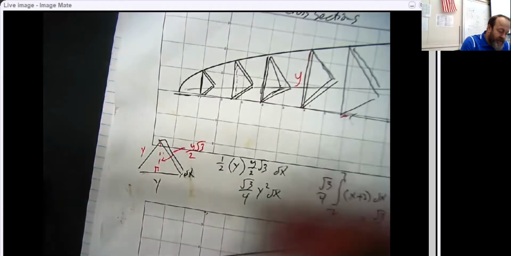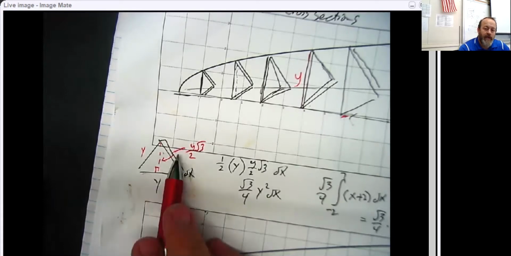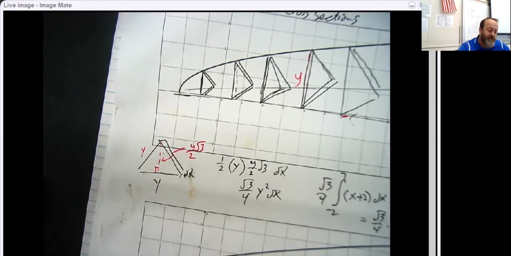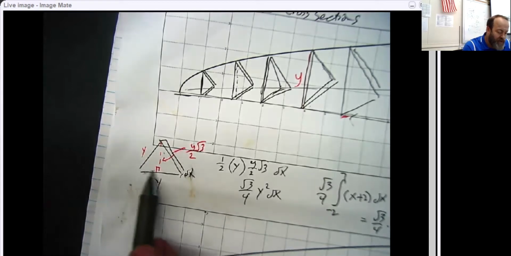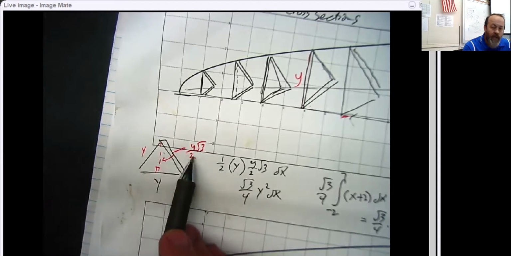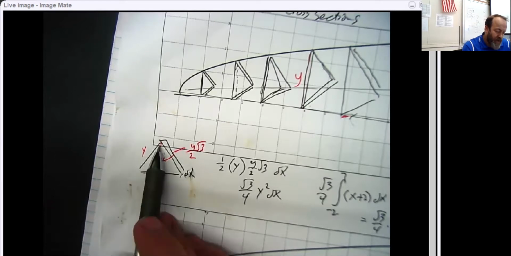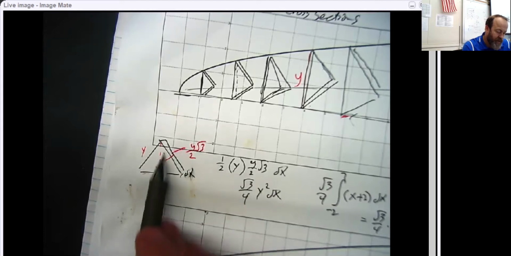So I broke it down. Here's my dx. Since this was an equilateral triangle, I know that all three sides are y, so that makes this 60 degrees. And just playing little games that we did back from Math 2 and Math Analysis, if this is y, then this right here is half of y, and this is half of y times root 3, which gives me the altitude.